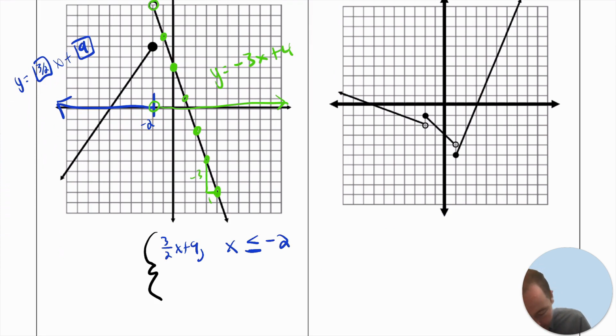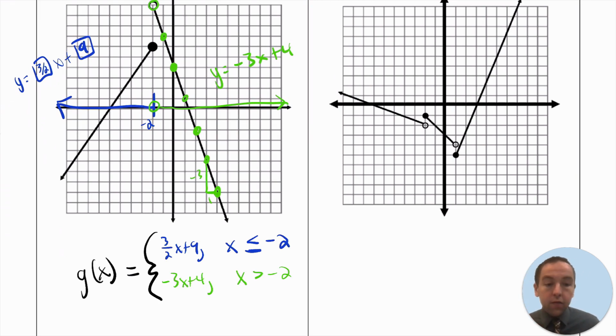Otherwise, it could be -3x plus 4, and then a comma to separate that from the domain restriction of x being strictly greater than -2, because you've got the open circle. So we want to say that 3/2 x plus 9 or -3x plus 4, either one of those two things, is going to be equal to your y value or your output value.